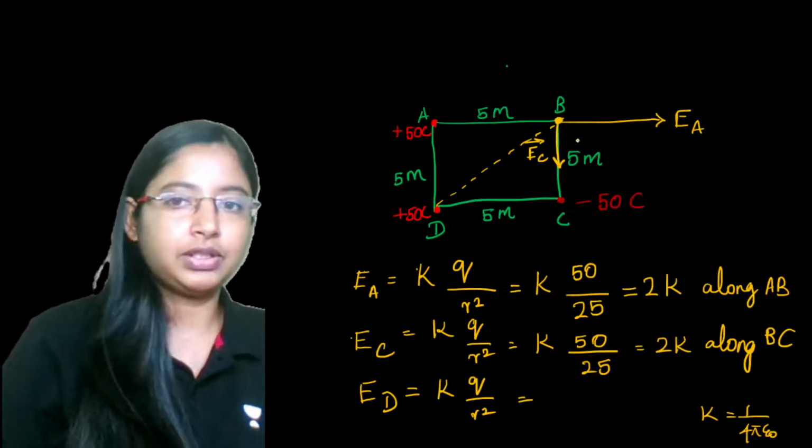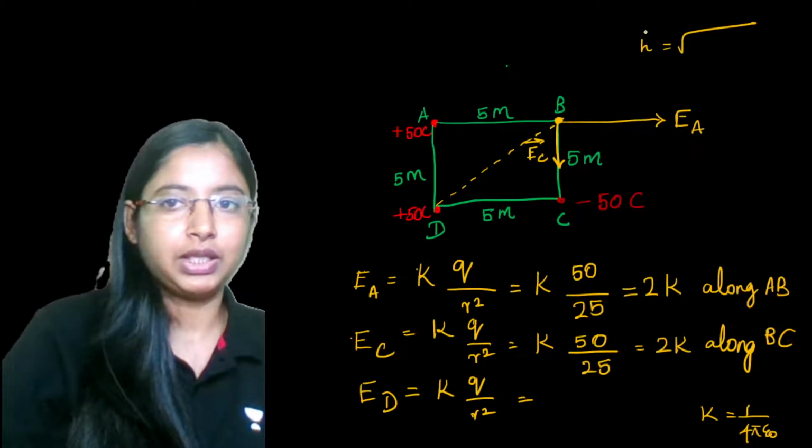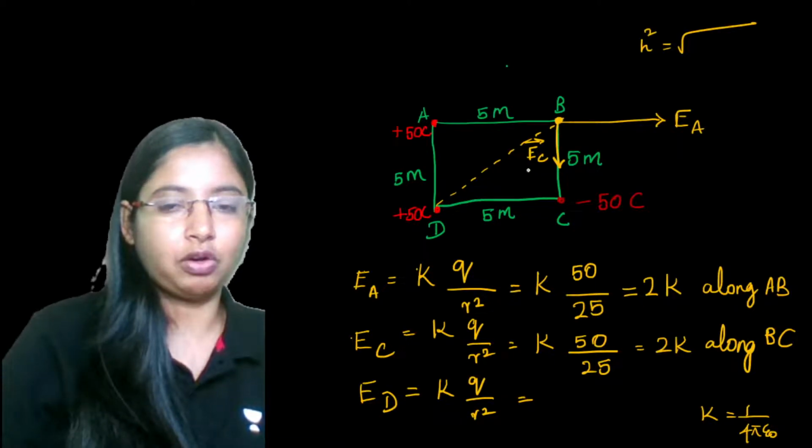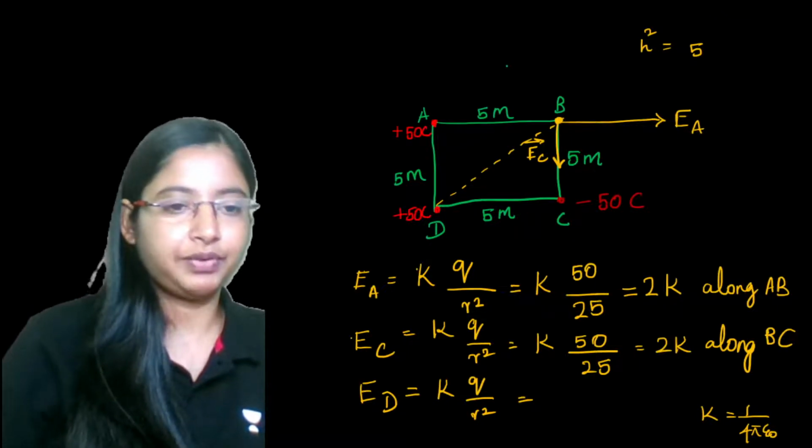This is where you would use the Pythagoras theorem. According to the Pythagoras theorem, the hypotenuse square is the sum of the squares of the other two sides. In this case it will be 5 square plus 5 square.